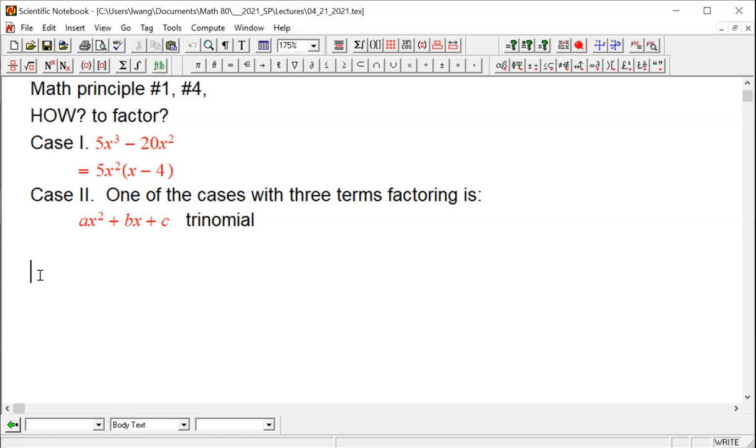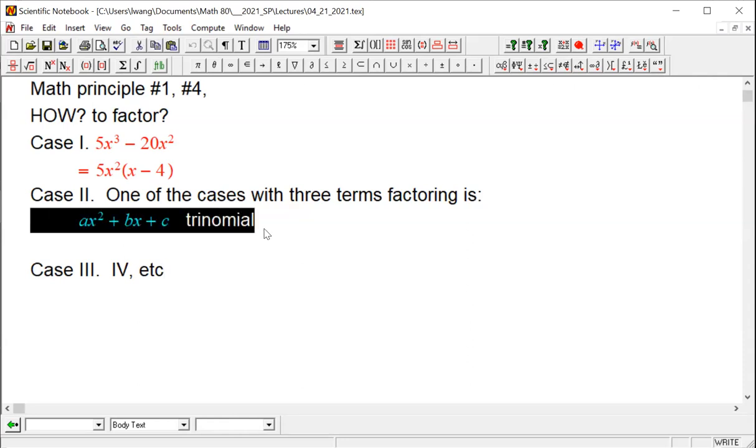Are there case 3, case 4? Of course. There are case 3, case 4, etc. But we're going to focus on factoring trinomials.